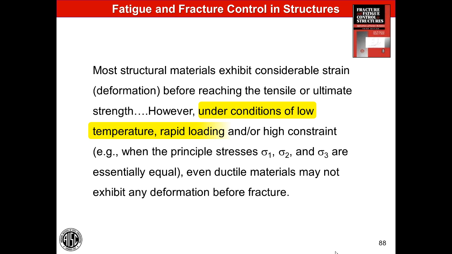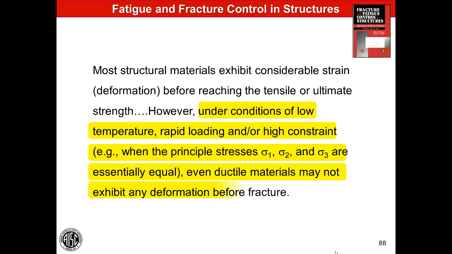However, under conditions of low temperature, rapid loading, and high constraint, and then they define high constraint when the principal stresses sigma 1, sigma 2, sigma 3 are essentially equal. Under those conditions, even ductile materials may not exhibit any deformation before fracture.